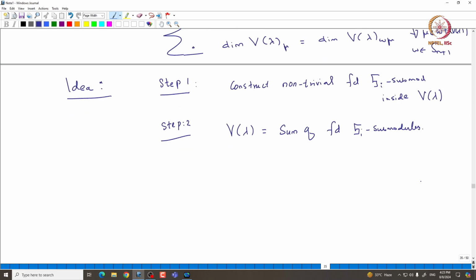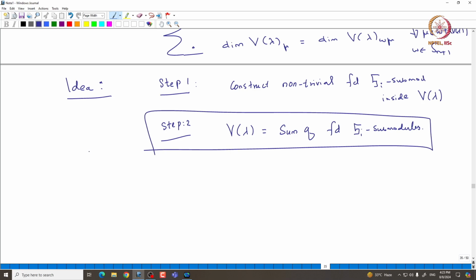If we say this, then it is immediate that the element s_i acts on these finite dimensional SL2 modules, so obviously it will act on the sum as well, and it will preserve the dimension. Then after that we will use the information that SL2 acts naturally on the finite dimensional representations of SL2. And of course, we have to see what corresponds to s_i.